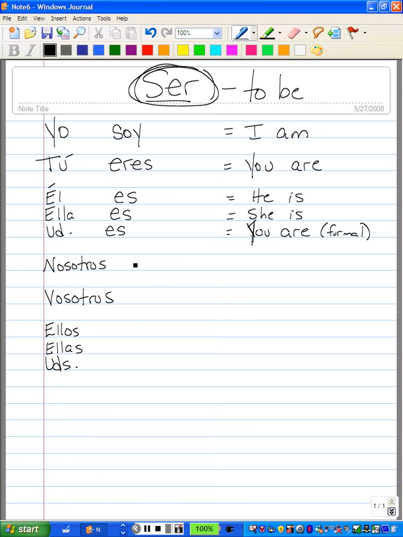Alright, for the nosotros, if you want to say we are, it's nosotros somos. If you want to say y'all or you all are, it's vosotros sois.